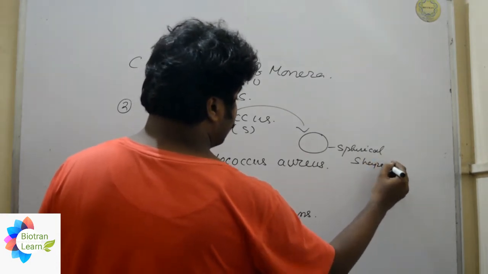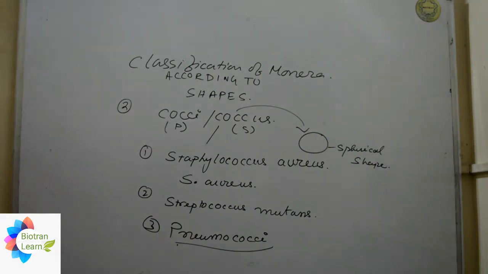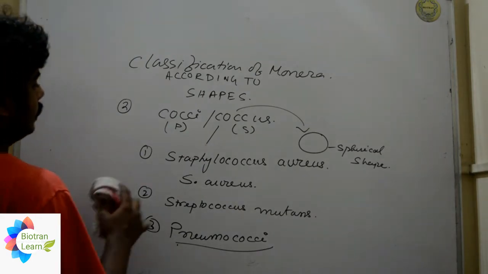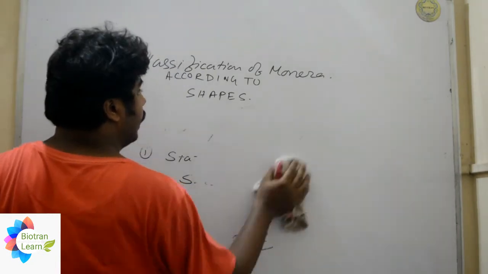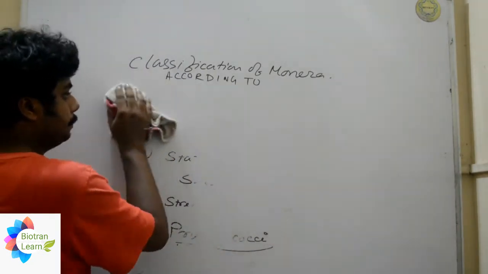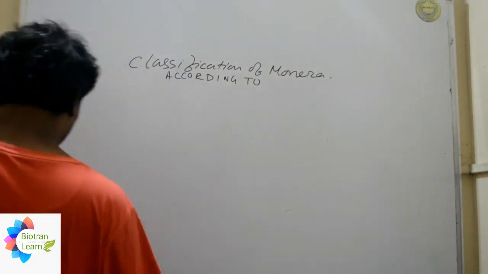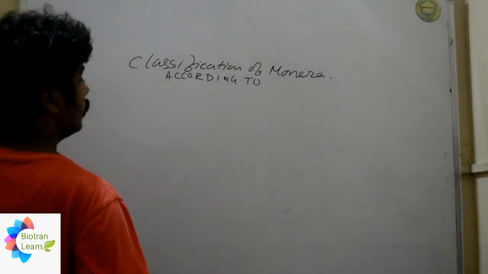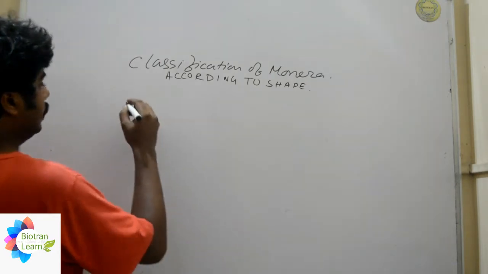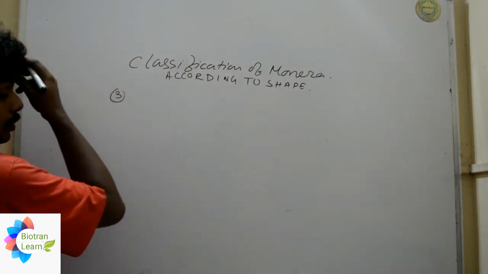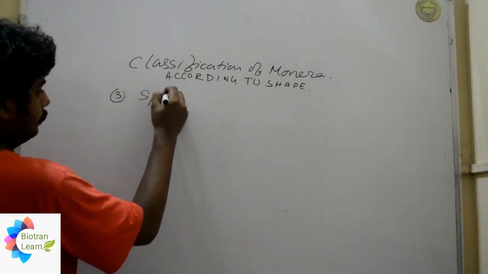Right? So in the next one, what we will be going through is the spirillum section, right? The third type will be the spirillum section.